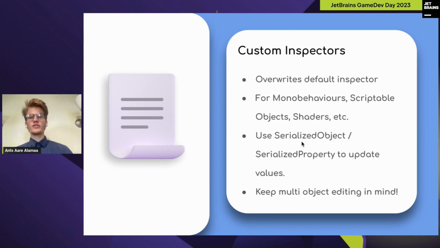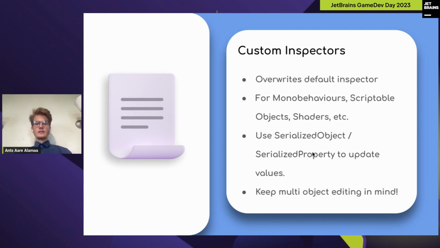So if you change the serialized object and then in the end you call set dirty, it will also include it in the undo and redo history, and it will save it properly. So you can interact with serialized fields or private properties, etc. Anything that Unity itself saves, you will be able to interact with.